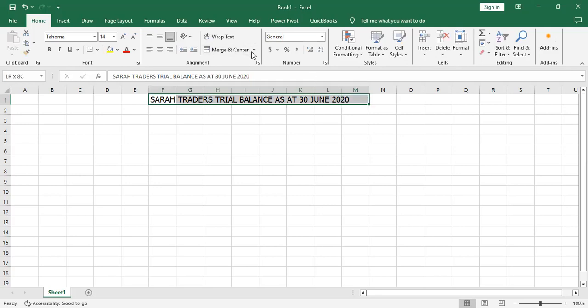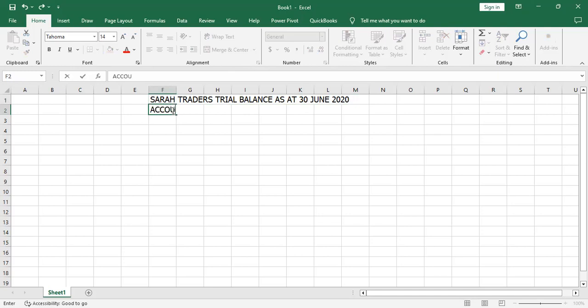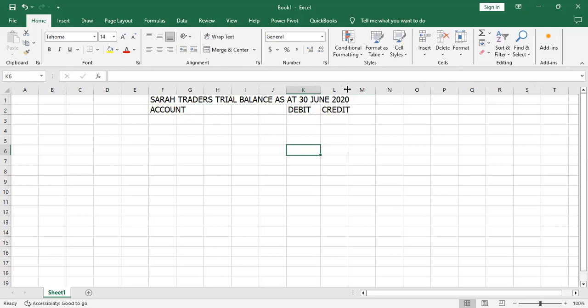So this is our trial balance. Of course, I have to show the account titles, so I'll show the accounts, then debit, and then credit.